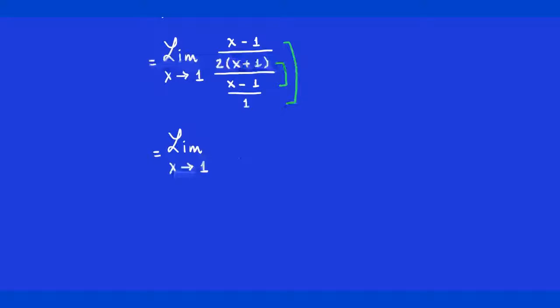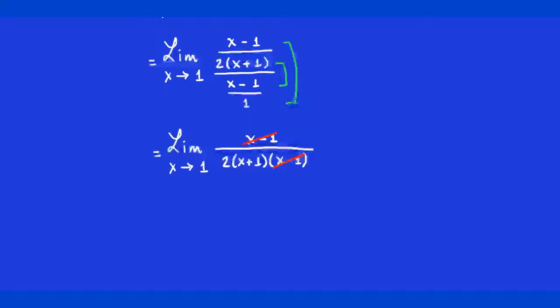The expression will look like this: 2 times x plus 1 times x minus 1, all below x minus 1. From here it's pretty evident what we're going to do. The x minus 1 in the numerator and the x minus 1 in the denominator, we can cancel them out. We simplify this expression and get something much nicer.